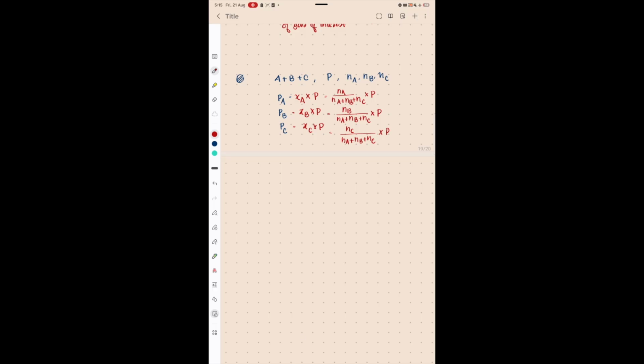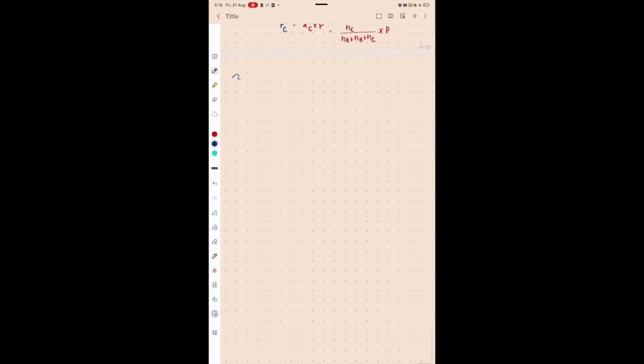Okay, now let's do an interesting question, right? So we have a connected container, and here is a stopcock. One side contains a gas at 9 atm pressure and the volume is 5 liter, and on the other side the gas is at 4 atm pressure and the volume is 10 liter, right?